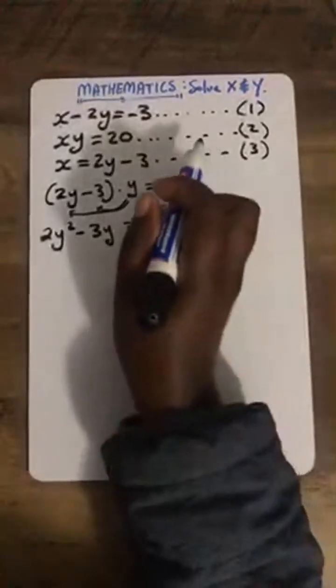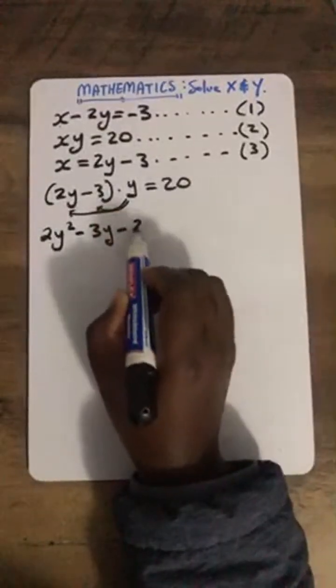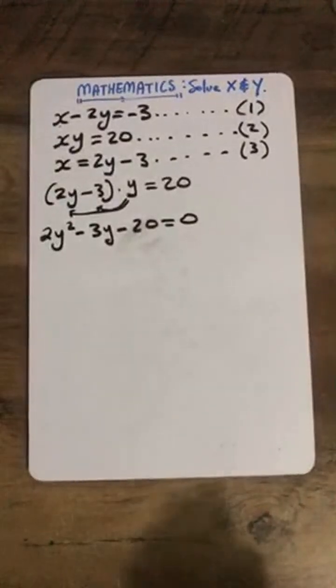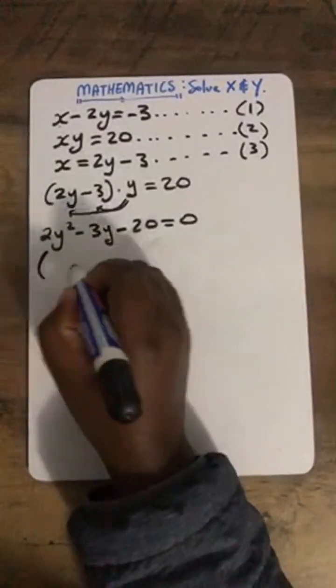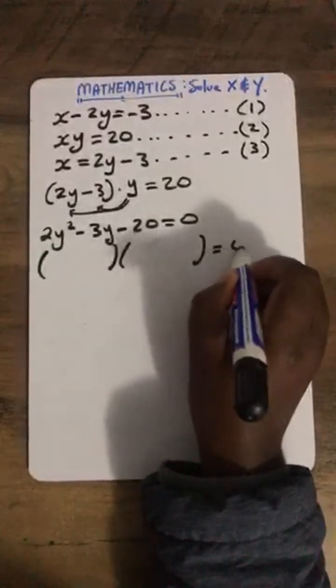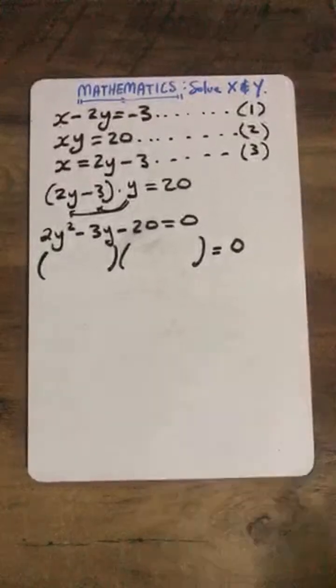Maybe let me take a shortcut and say you will take this 20 to the left side. It changes the sign. It becomes minus 20. And then what you might need to do is to factorize. So how are you going to factorize?